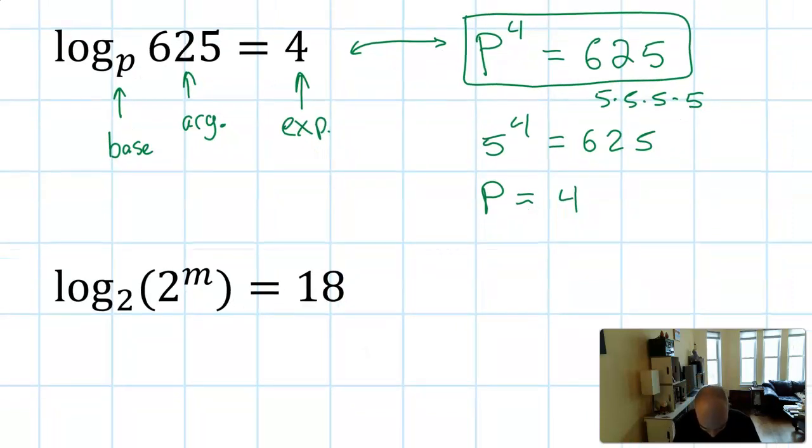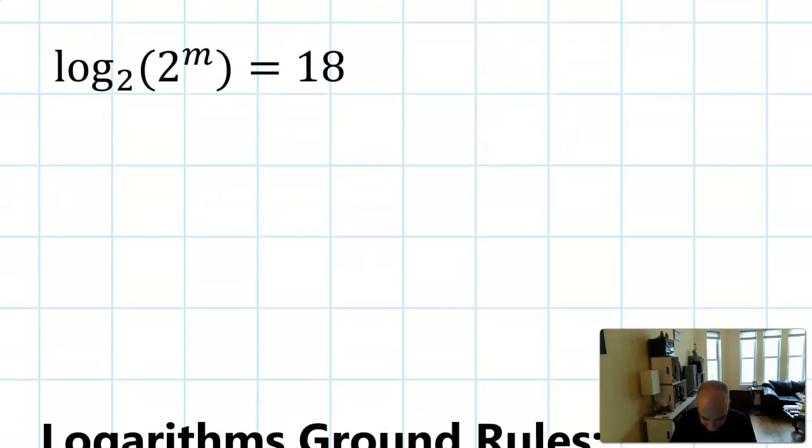All right, and let's look at this last one. Log base 2 of 2 to the m equals 18. So this is a situation where you have an exponential statement inside of a logarithm statement, and often these are both the most confusing, but also the simplest at the same time. So let's write it out. This is the base. This is the argument, which is going to go on its own side of the equation, and this is the exponent.